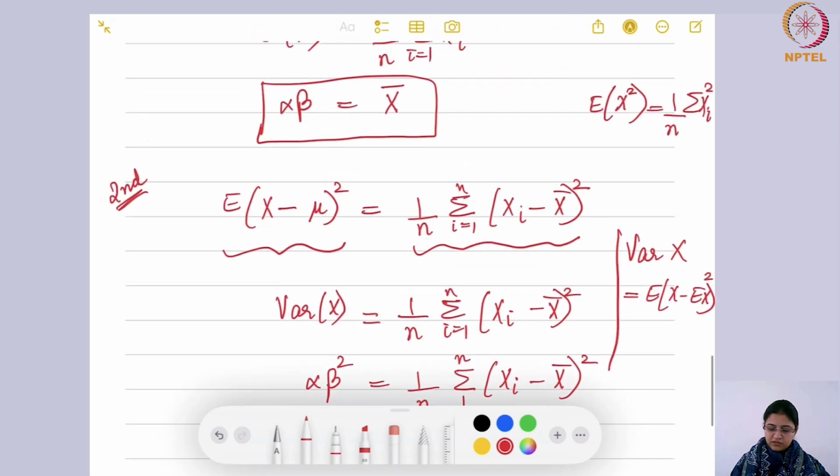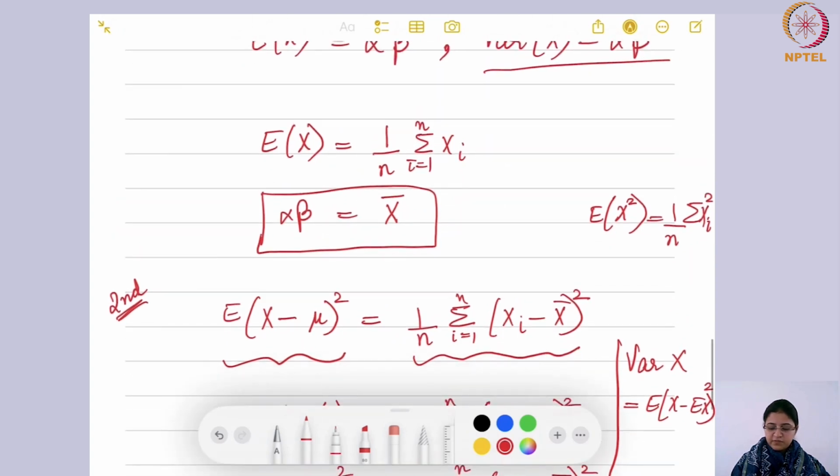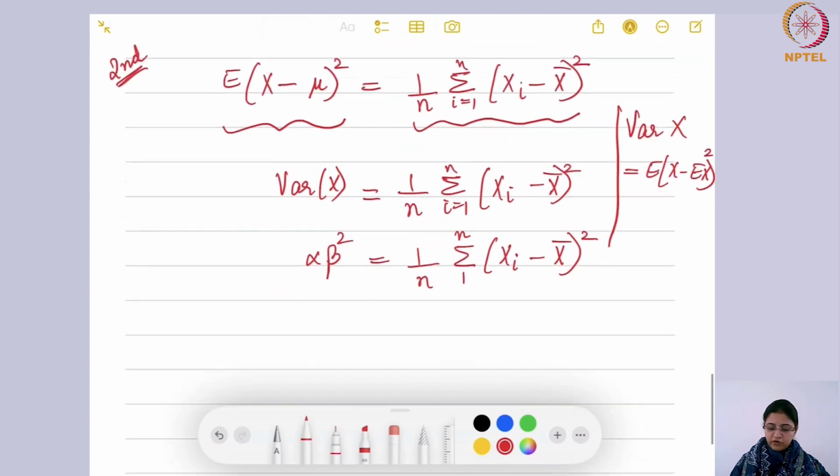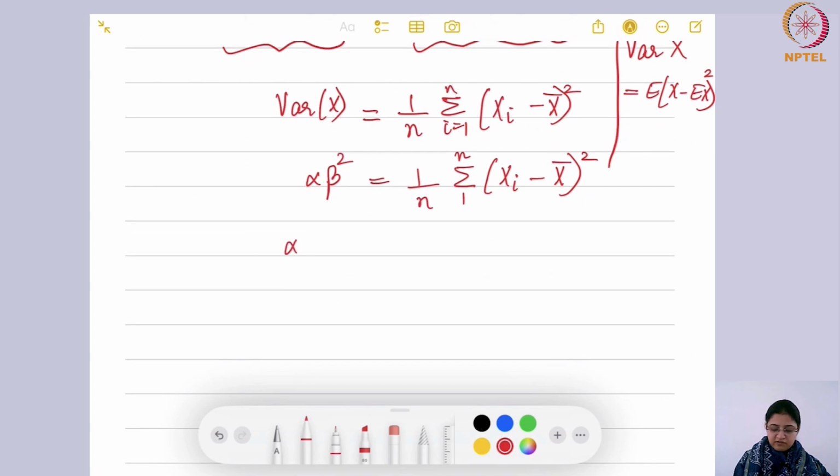Now alpha beta here, alpha beta is X bar, right? So this can be written as alpha beta into beta is equal to 1 over n summation (Xi minus X bar) whole square.